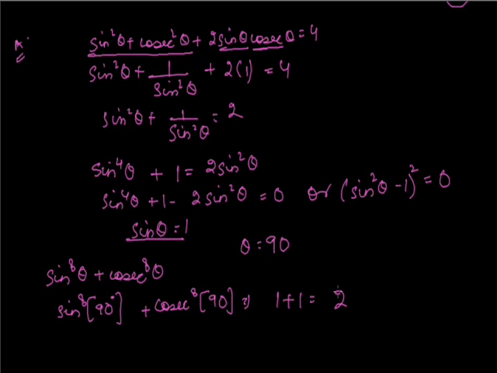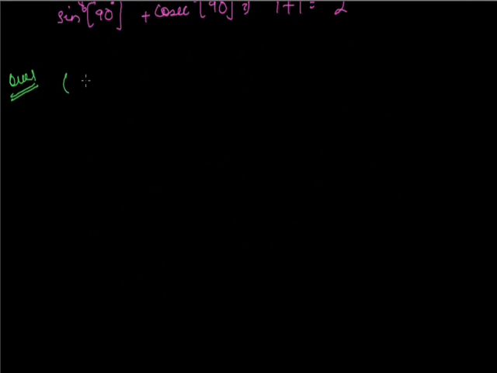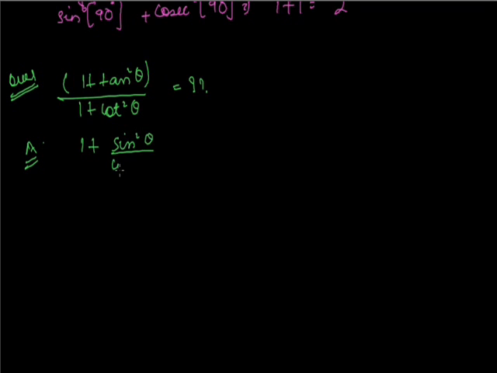Next question. If I am given 1 plus tan square theta upon 1 plus cot square theta, I have to calculate the value of it. So as I know that tan square theta is sin square theta upon cos square theta, also cot square theta is cos square theta upon sin square theta.